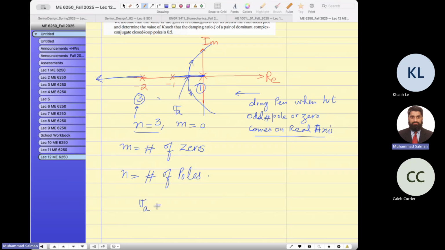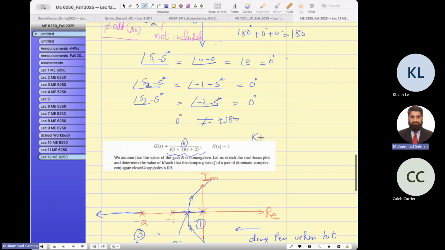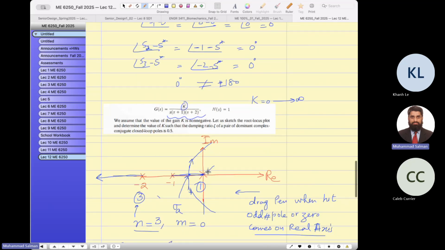Sigma a is the location of the asymptotes, also known as the centroid, because when you tweak the gain k from 0 to infinity, at the open loop poles location the gain is 0, and at infinity, the poles reach the open loop zeros. Right now we don't have zeros, so they go to infinity.